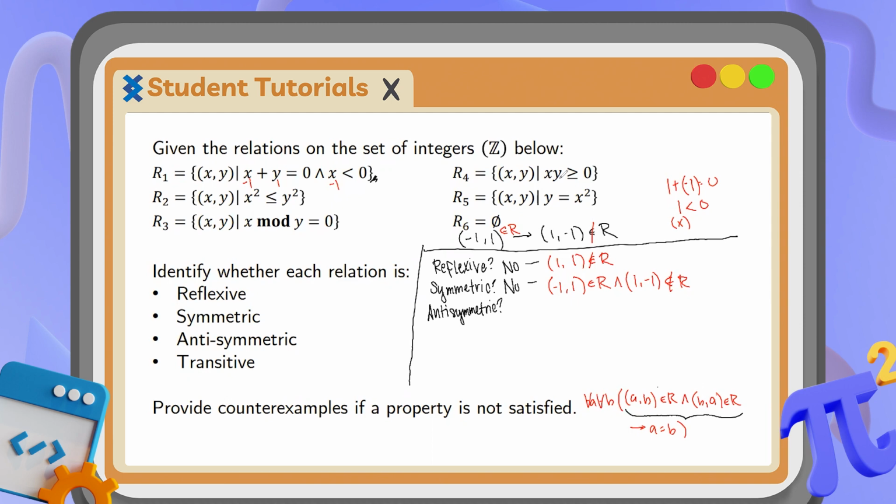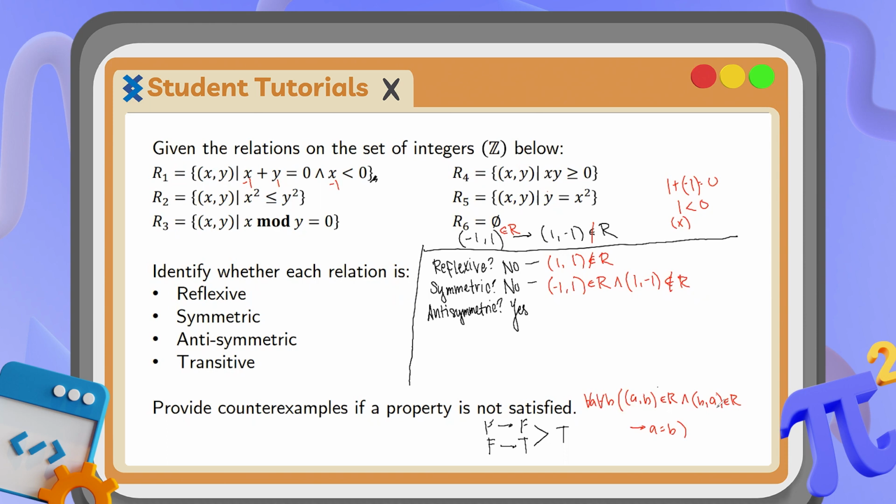Therefore, based on propositional logic, false implies true, or false implies false, will both result to true. Therefore, it is antisymmetric. So no matter what you apply to these values over here, it would not work.